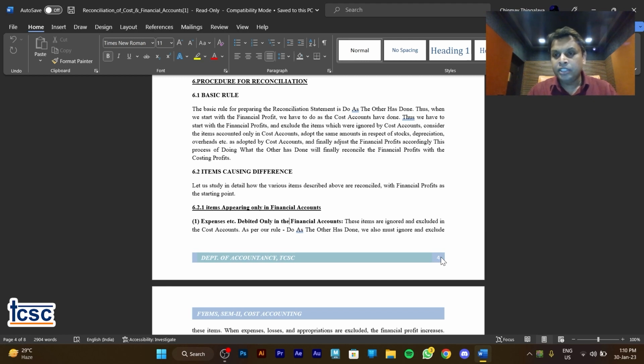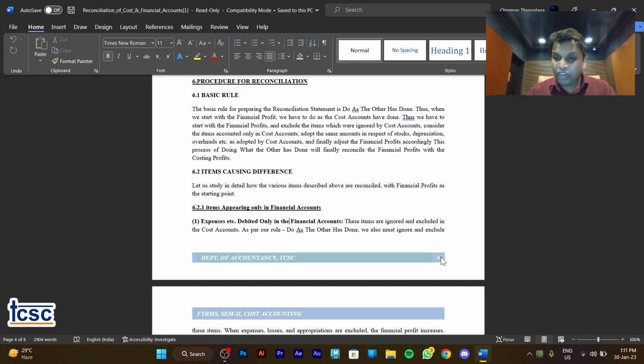What will happen here? You will be given one book's balance and you're supposed to find out the balance of the other book. For example, in the question they are going to give you the cost accounting balance and you're supposed to find out the financial accounting balance, or they may give you the balance of financial accounting and you're supposed to find out the balance of cost accounting.